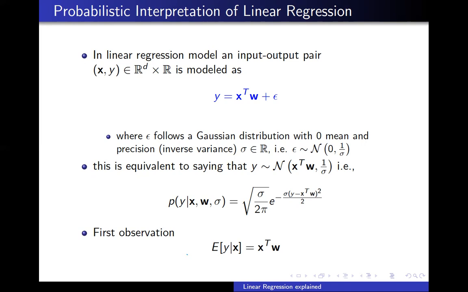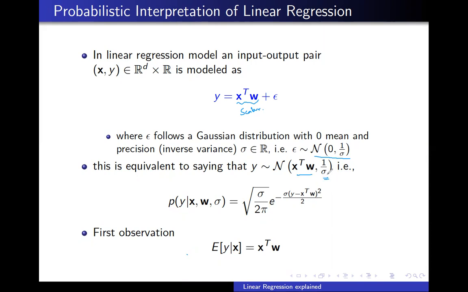So the normal distribution simply gets shifted in such a way that the variance remains the same, but the mean, instead of being 0, becomes X transpose W. The mean is shifted by exactly the same scalar. So this is a normal distribution with mean X transpose W and variance 1 over sigma.